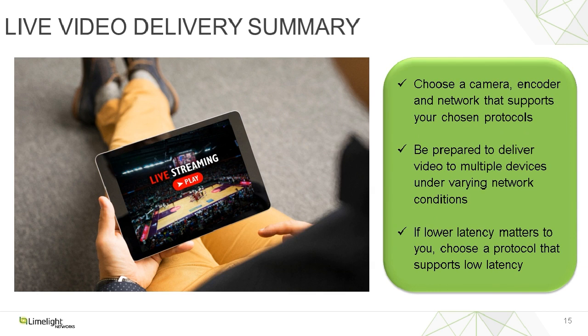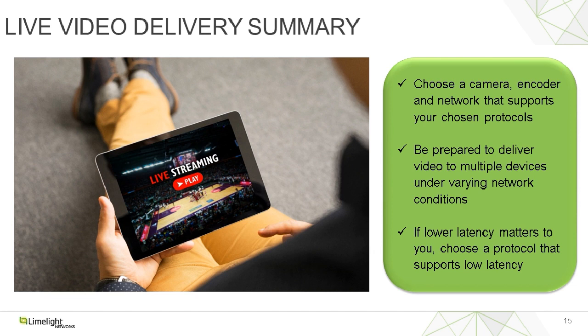Okay, so to wrap up here, when choosing a camera, encoder and network, you want to choose a camera, encoder and network that supports your chosen protocols for live video delivery, that supports adaptive bitrate, and that supports delivery to multiple devices, including over-the-top devices.